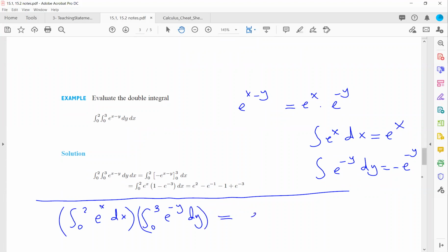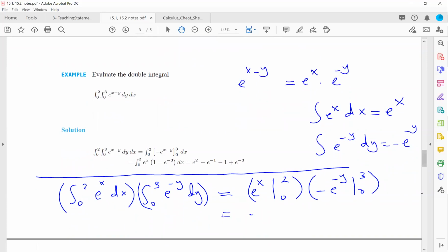The first integral is e to the x, 0 to 2 times the second integral, negative e to minus y, 0 to 3, which is equal to e squared minus 1 times minus e to negative 3 plus 1. By multiplying these two, we get e to negative 1 plus e squared plus e to negative 3 minus 1.